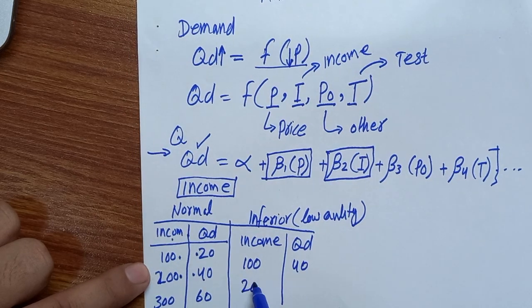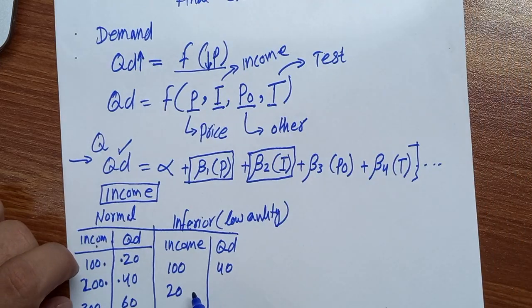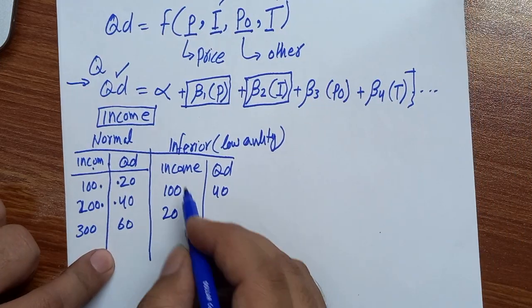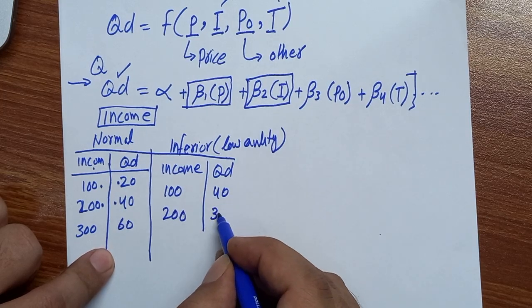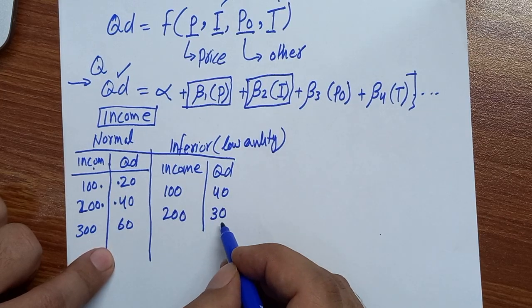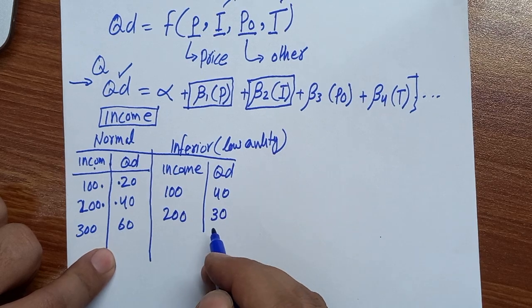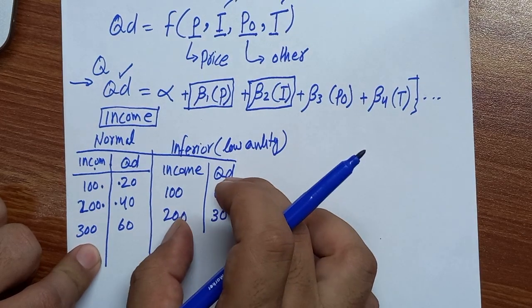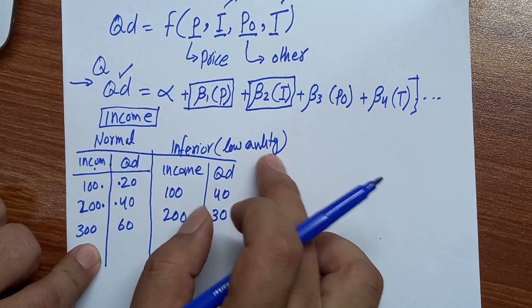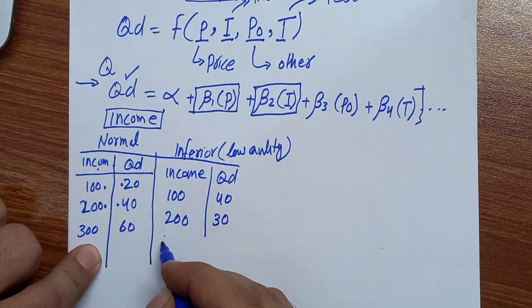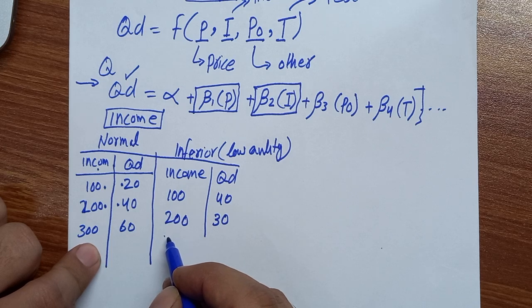When the income is increased to 200, they are going to buy less of your product, because your product is low quality, and when the income is increased, the people are going to buy a good quality product.